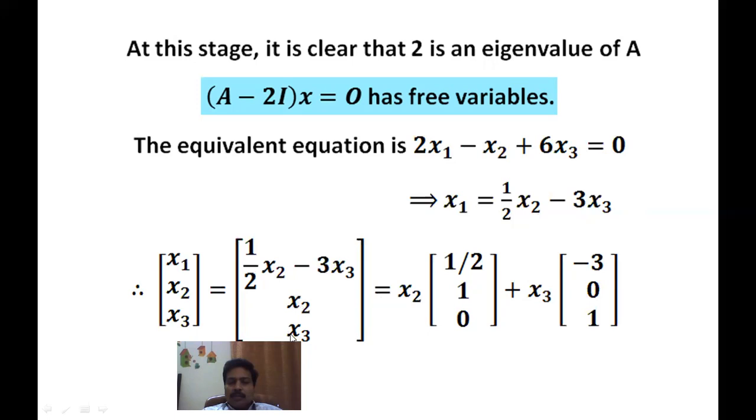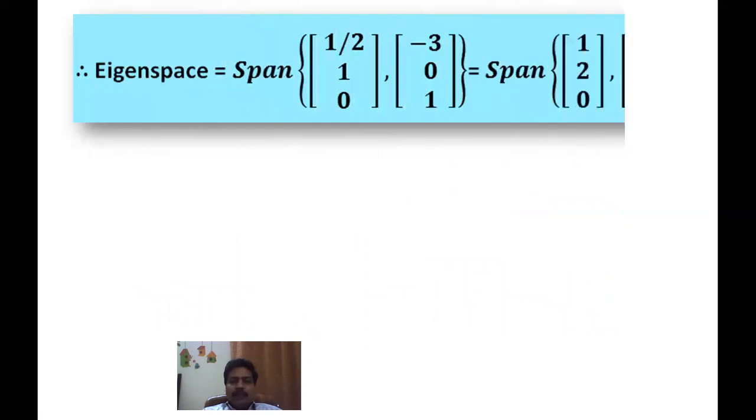And in the third row, there is x3, so it is 1 here. So this vector x1, x2, x3 can be written as x2 times 1 by 2, 1, 0 plus x3 times minus 3, 0, 1. So the eigenspace is equal to the span of these two vectors.